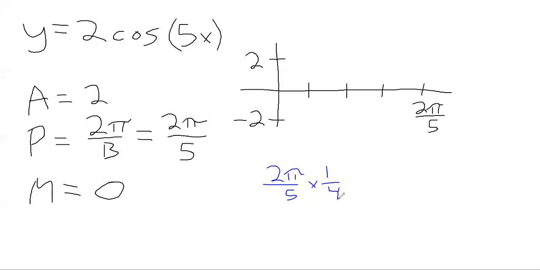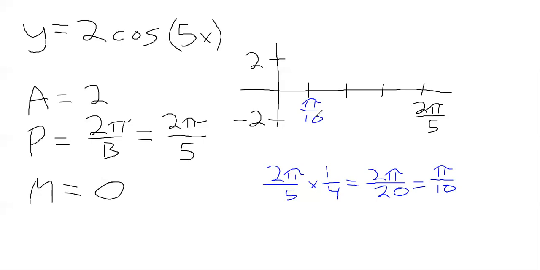And if I multiply by 1/4, I would get 2 pi over 20. And 2 pi over 20 can be simplified to be 1 pi over 10. So I can say that my value here on the first section of the graph would be 1 pi over 10.